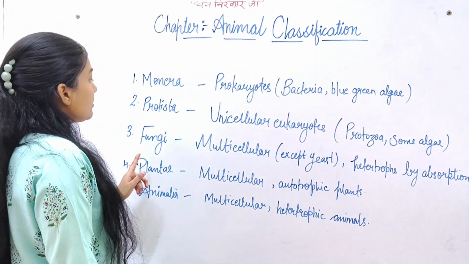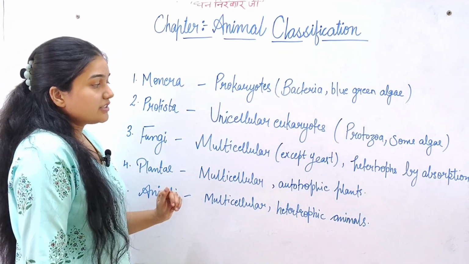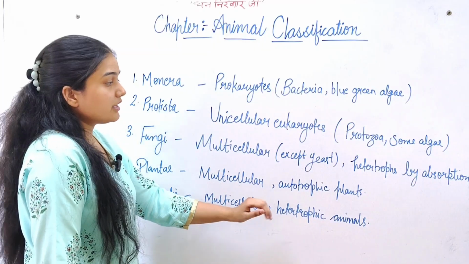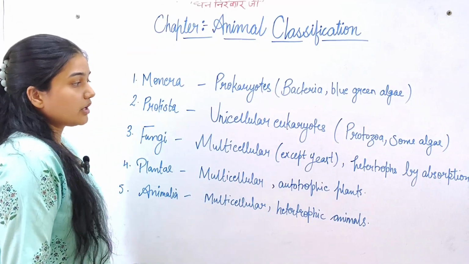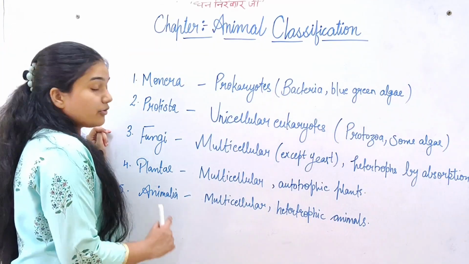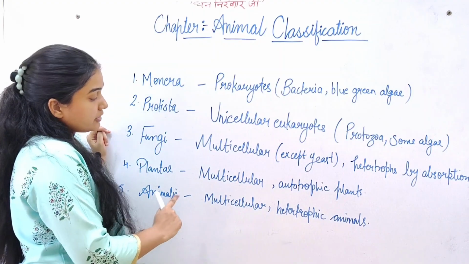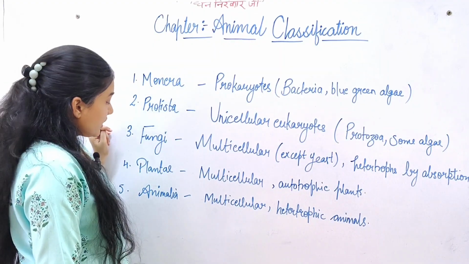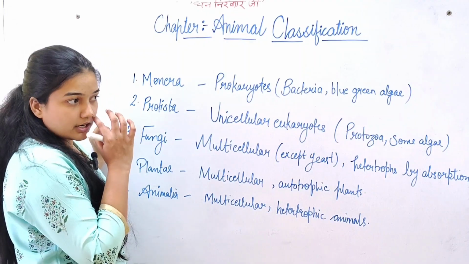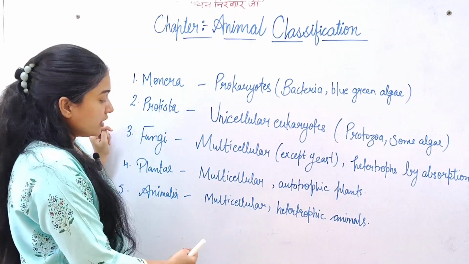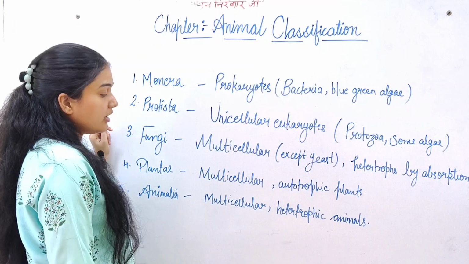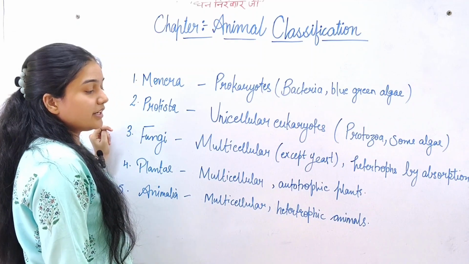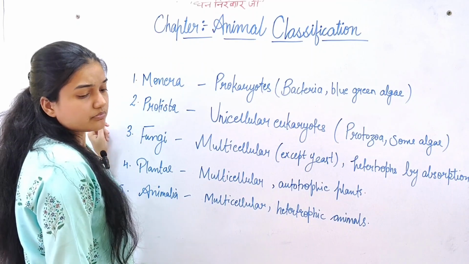Third one is Fungi, multicellular except yeast, heterotrophs by absorption. Fourth kingdom is Plantae, which is multicellular and autotrophic plants. And the last one, which we read in this chapter, is Animalia, multicellular and heterotrophic animals.